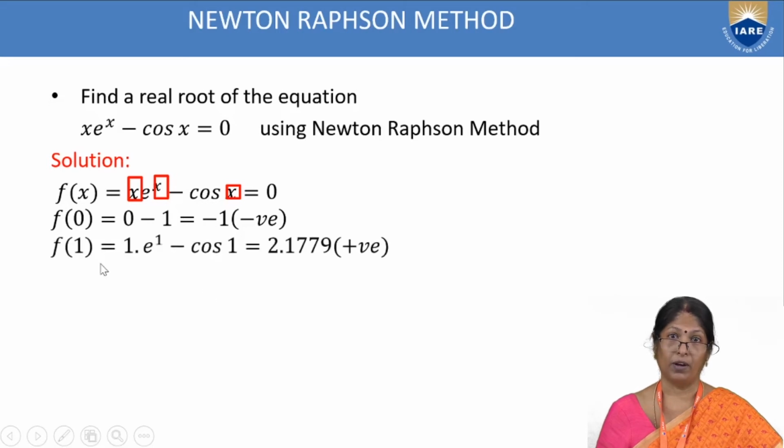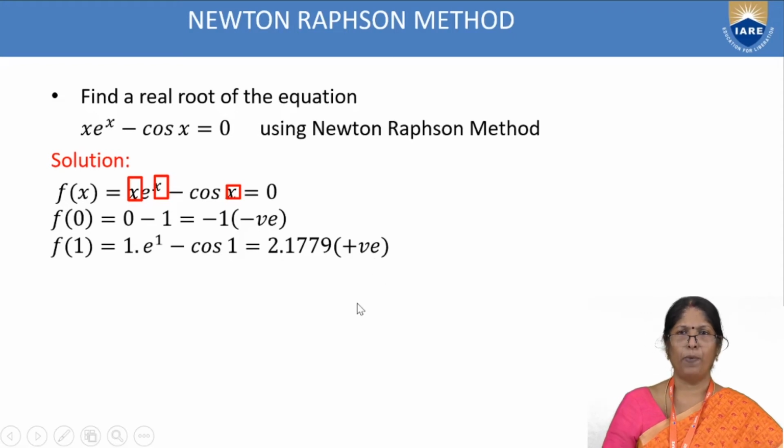Next, we are trying f of 1. Wherever there is x, this rectangle, we are substituting 1. So, 1 into e power 1 minus cos 1. Using the calculator, we are getting the value 2.1779. The positive value we got.